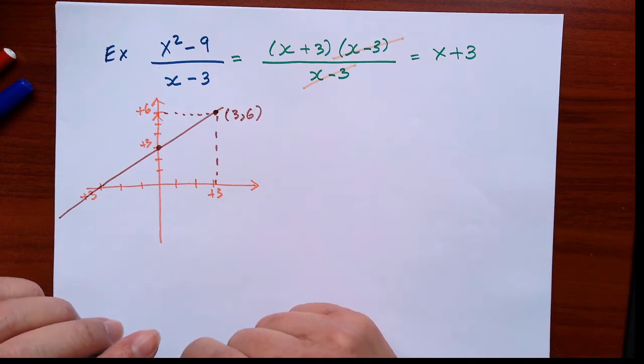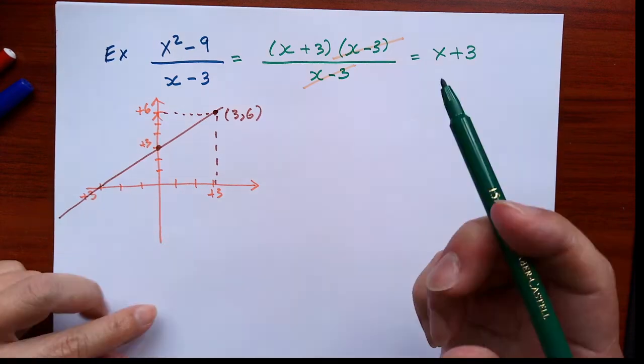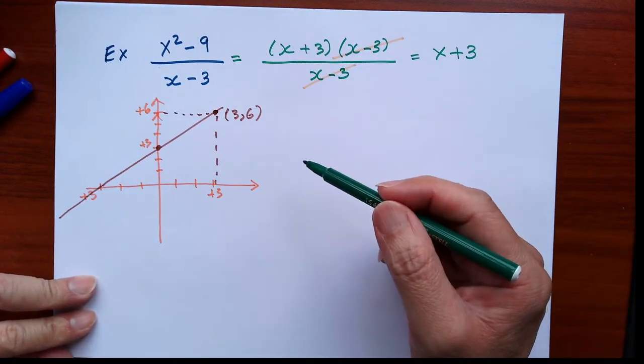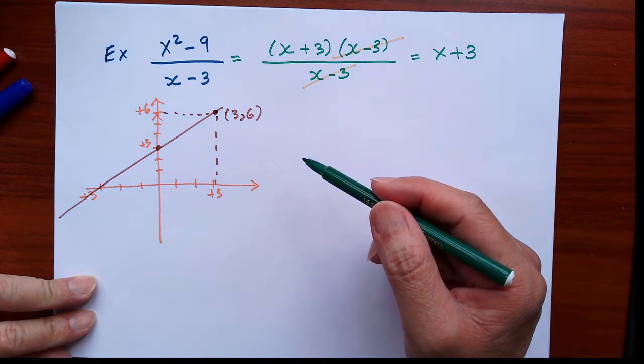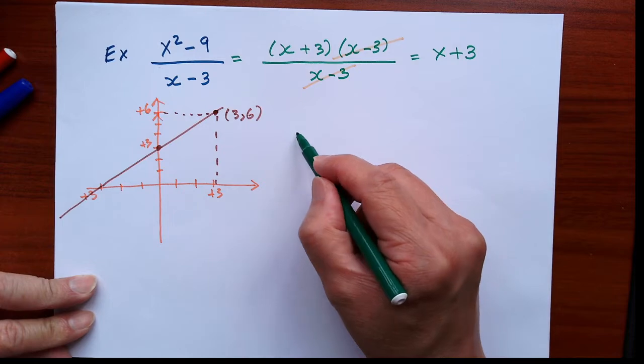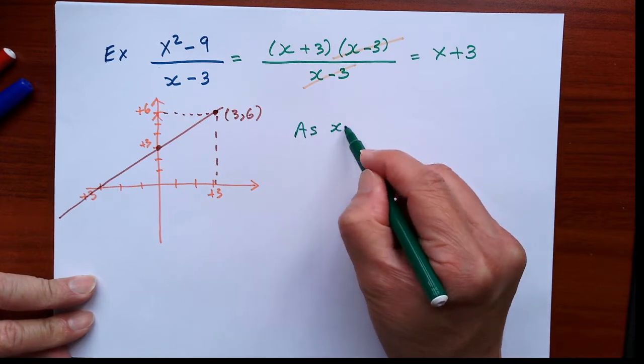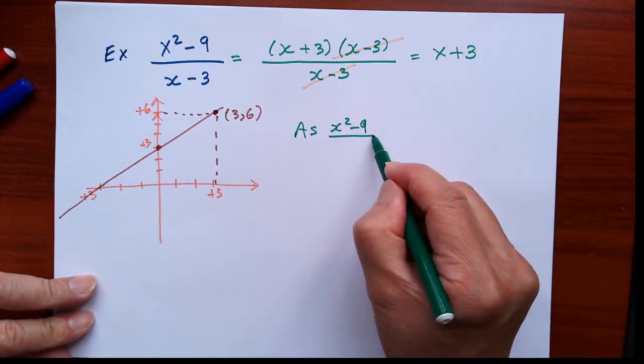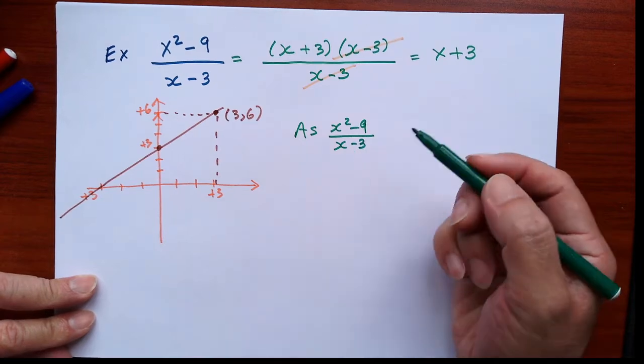Looking at the function, let's see what happens as we approach 3, for x squared minus 9 over x minus 3.